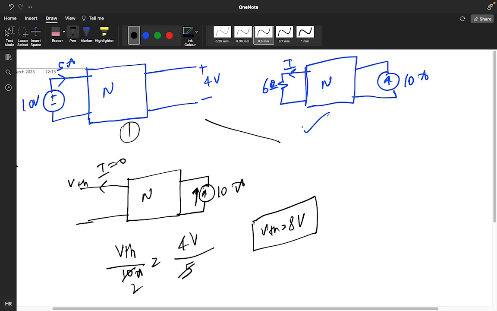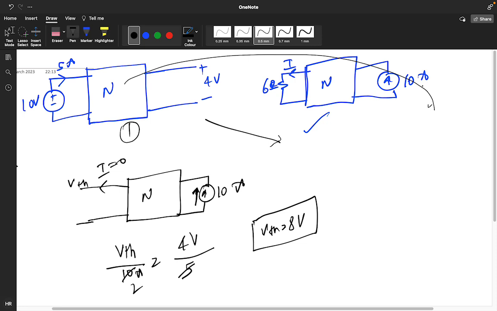Or you can do it this way also. What currents are you getting here? 10. Means you need to get the 10 ampere current. You need to make the 5 ampere current a 10 ampere current, right? Multiply by two.